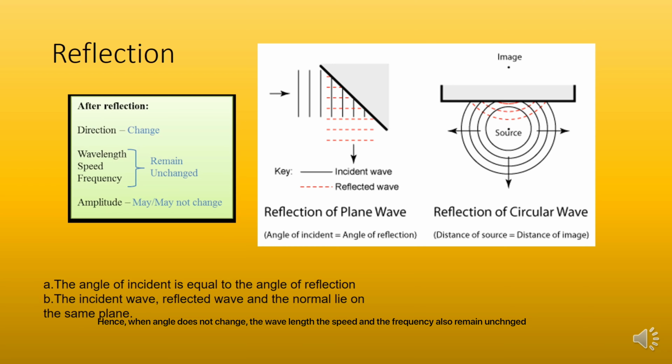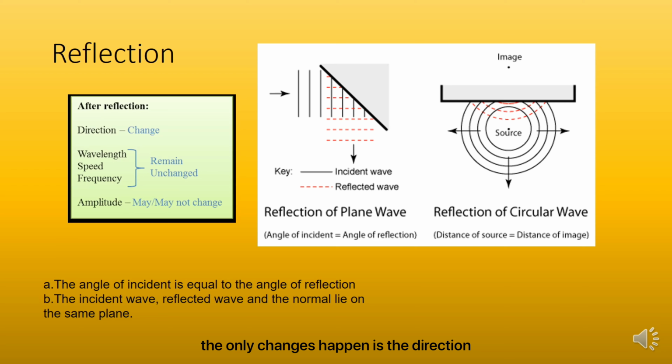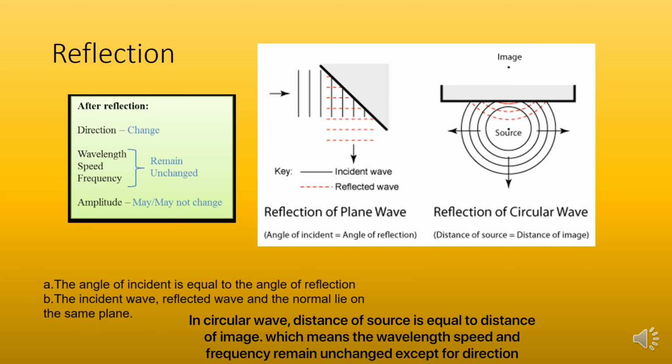The only change that happens here is the direction. Same goes for the circular wave: the distance of the source is equal to the distance of the image, which means the wavelength, speed, and frequency remain unchanged. However, the direction changes.